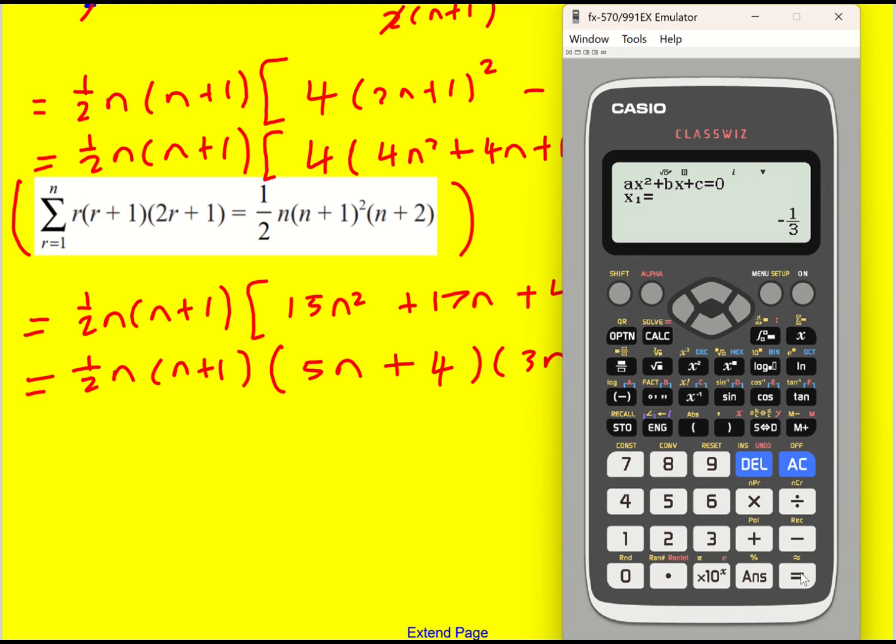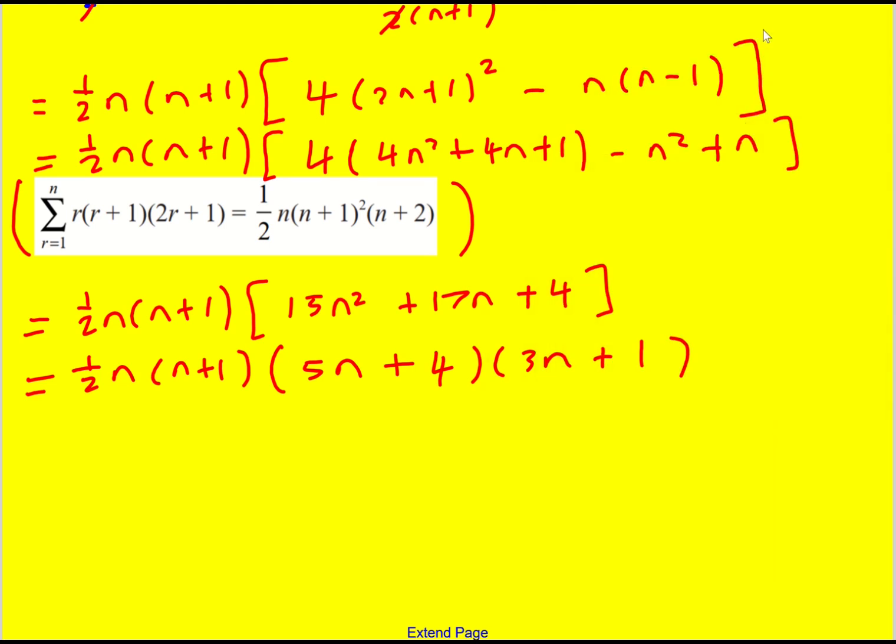So we get roots of minus a third and minus 4/5. So it just gives plus a third and plus 4/5. But then we recognize we need a 15, so I need to times this one through by 3, give me the 3n plus 1, times this one through by 5, and we get the same answer. It's quite a useful little method for when it's really complicated.